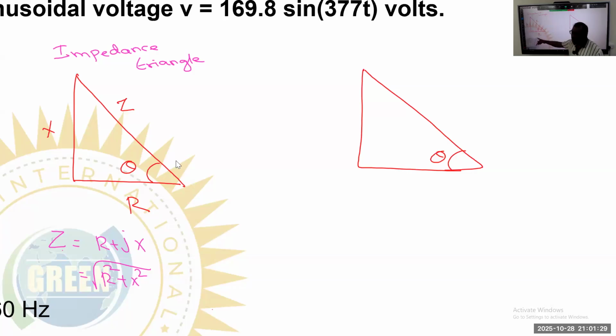So here we have R. In a passive component, we give the voltage, thereby current flows. If voltage and current are flowing, then we have power.